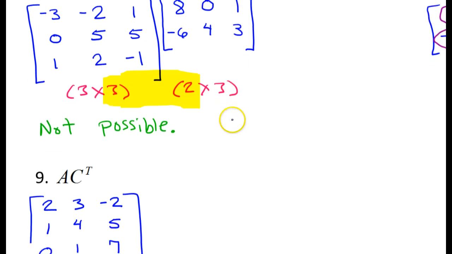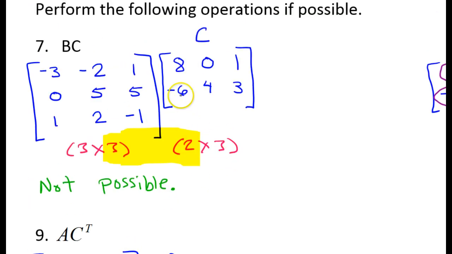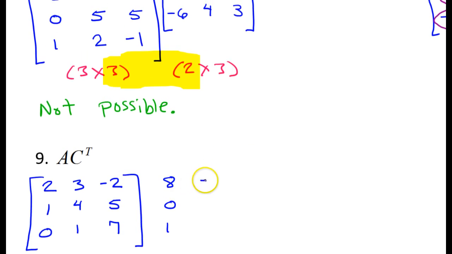In C transpose, that will be column 1. So I will have 8, 0, 1. See how row 2 is negative 6, 4, 3? That means column 2 will be negative 6, 4, 3. So this is C transpose.